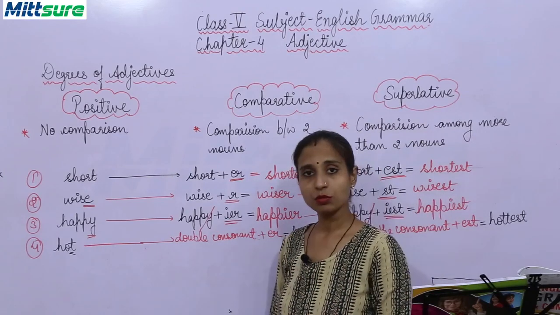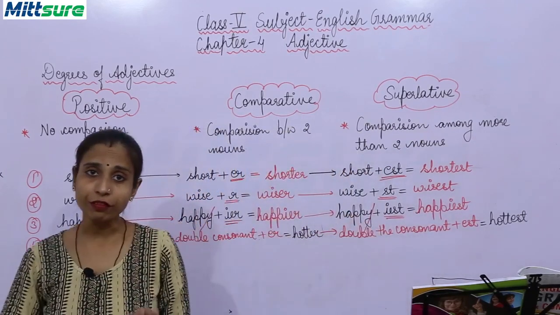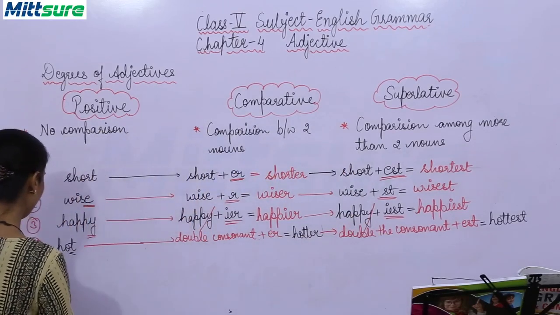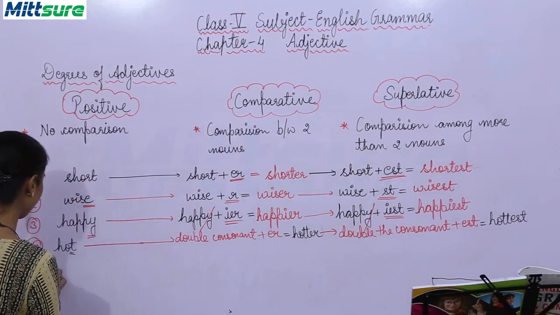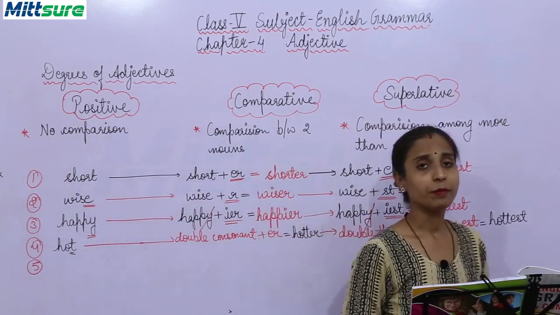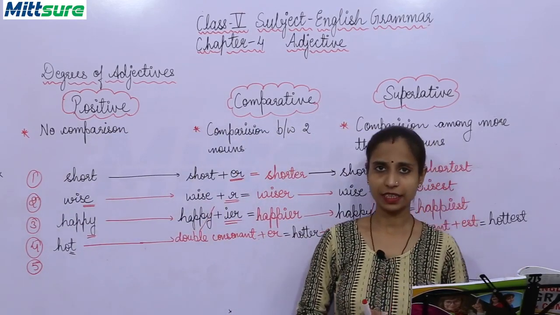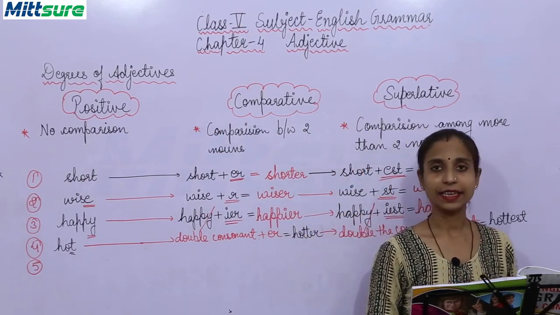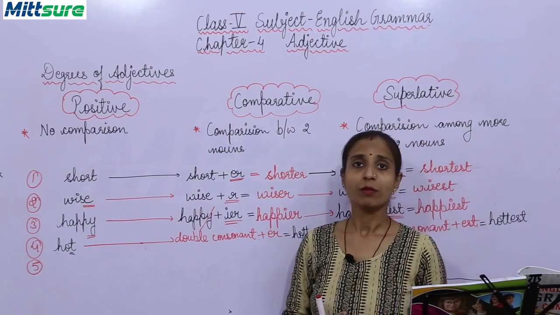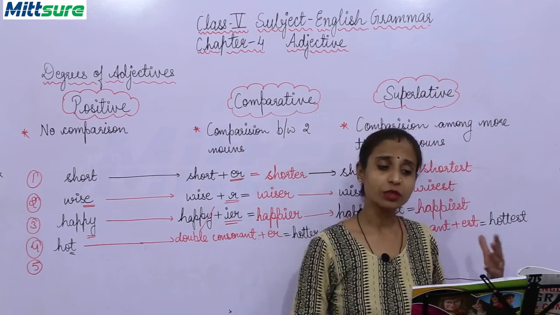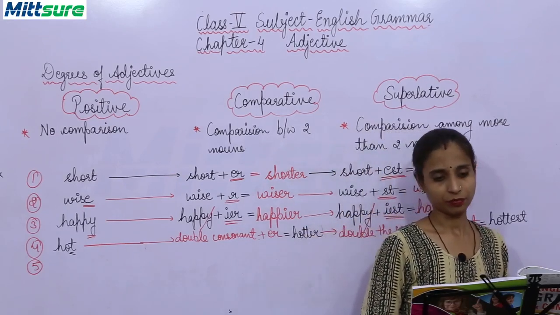Now, let's move to the fifth rule. Children, what is the fifth rule? The fifth rule says that many of the positive degrees can be changed by adding more or most, more in the comparative degree and most in the superlative degree.